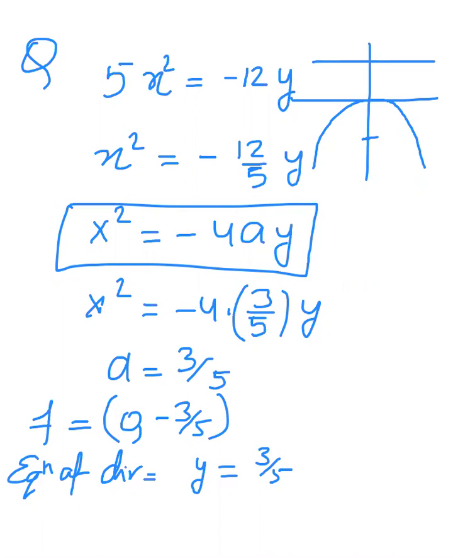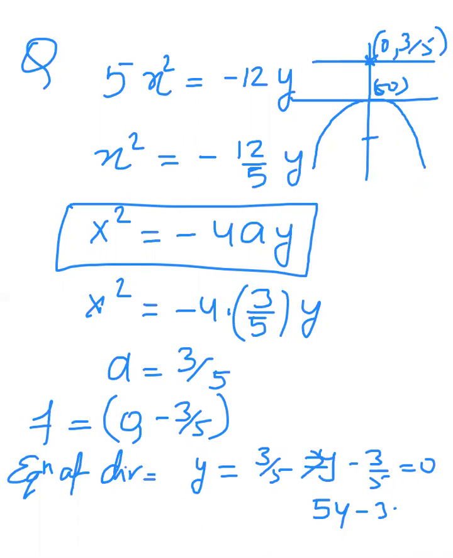Now this is on the positive side because this point is the origin. So its coordinates will be 0, 3 upon 5. So it implies y minus 3 upon 5 equals 0. 5y minus 3 equals 0 is the equation of directrix.